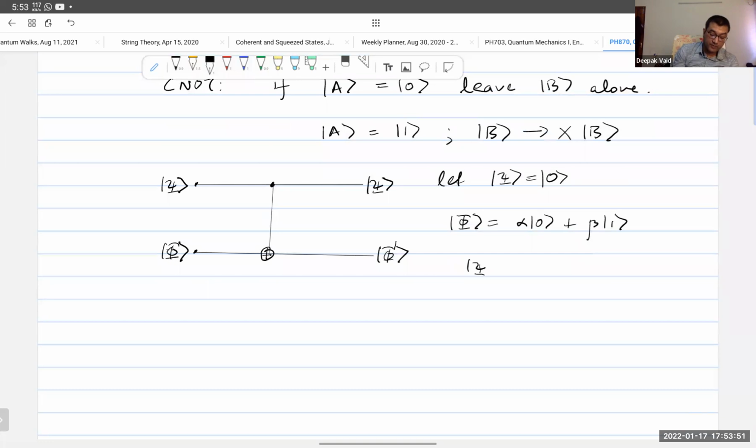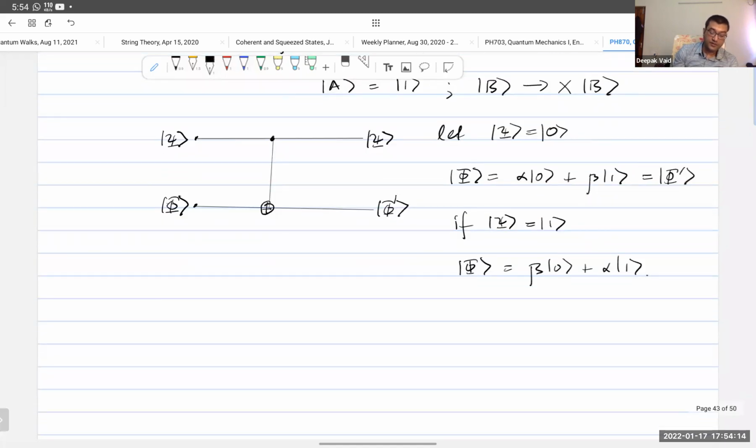So I'll put a phi prime over here. If psi is 0, phi prime is equal to phi. But if psi is equal to 1, then phi becomes beta 0 plus alpha 1.